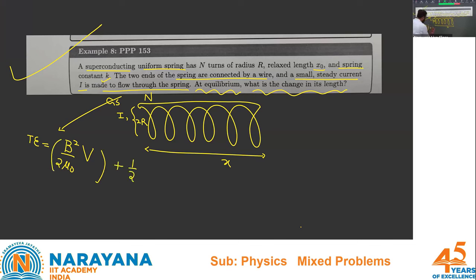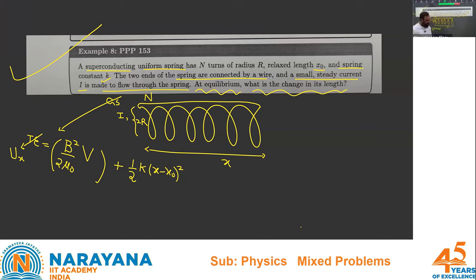So with, considering small changes, it looks like half k (x minus x naught) the whole square. So k I have not changed because of change in length. Changes are small. You understand what I'm trying to do? I'm trying to write this total energy, which is actually a potential form, as x. And then I want to find out the equilibrium position with the help of potential energy.